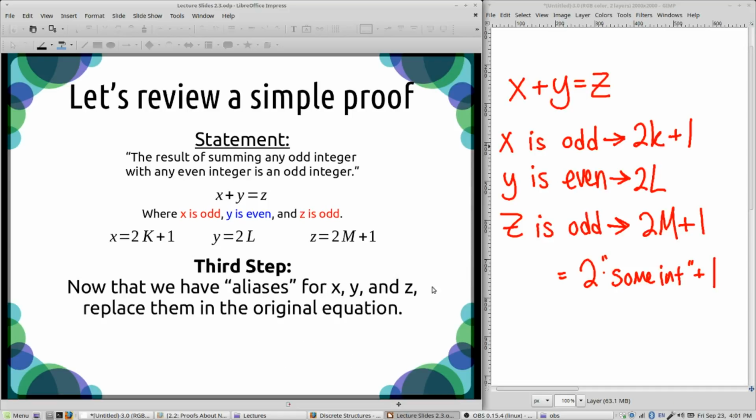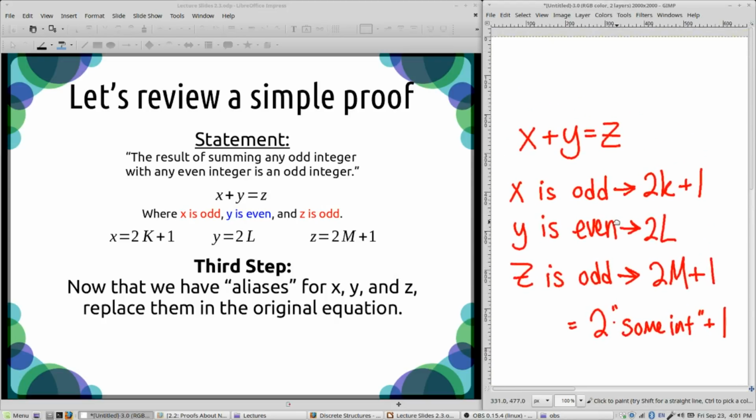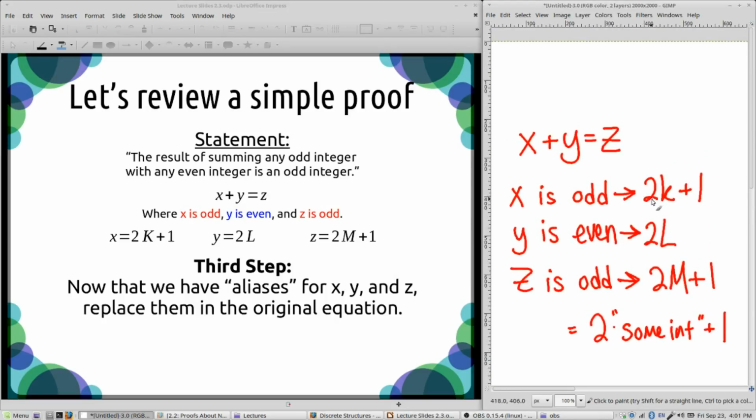So now that we have aliases for x, y, and z, we will replace them in this original equation. Instead of x plus y equals z, we'll swap these out. So 2k plus 1 is x, plus 2l is y, and then it is equal to z.